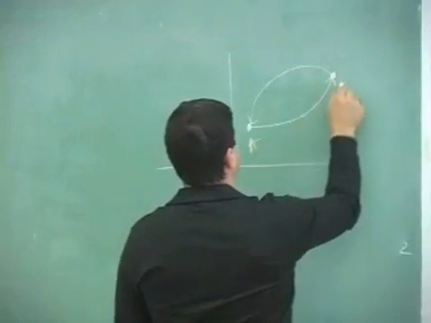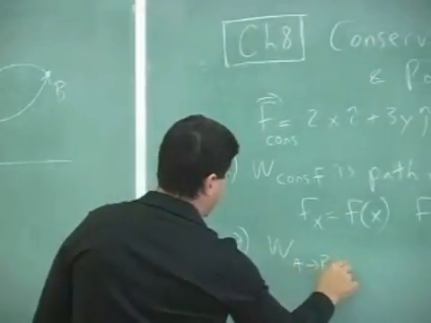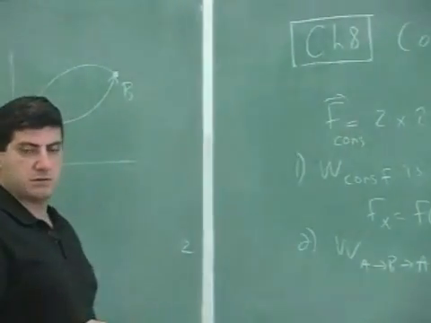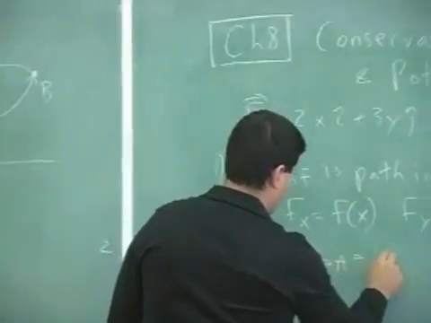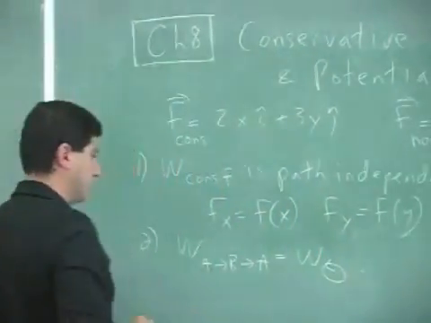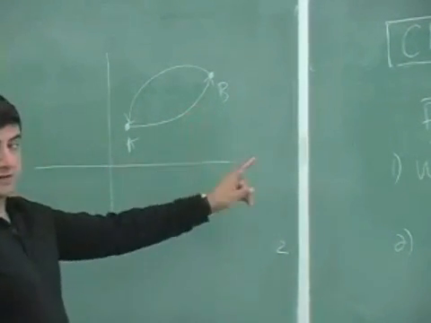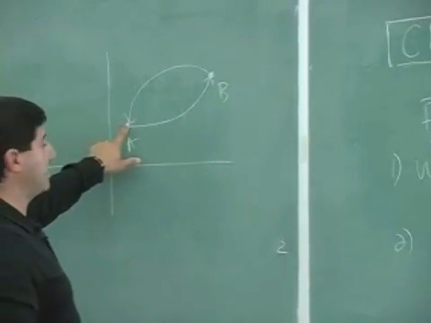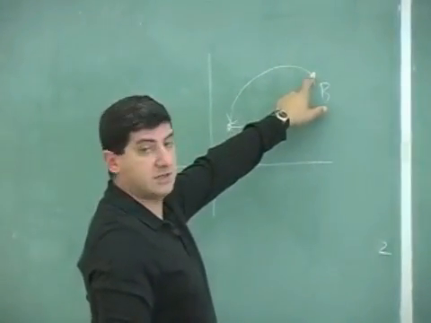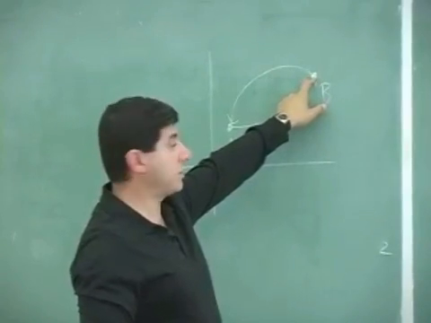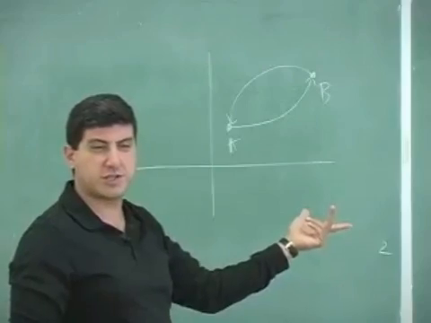So this is point A to point B. If I go from A to B, back to A, what's the work done by a conservative force? The work done in a closed path. Well, for a conservative force, since it doesn't care about the path that you take, the work done from A to B is equal to the negative of the work done from B to A, so the total work done by a conservative force is 0.